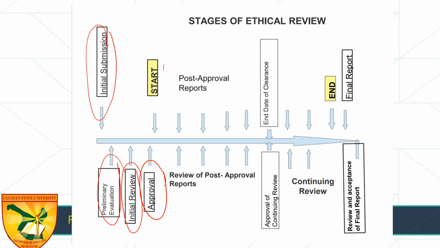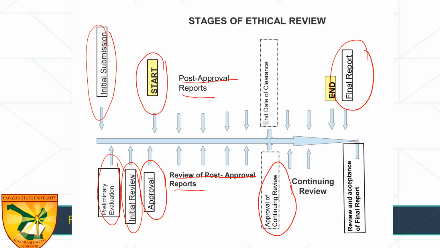But you will see that when it is approved, you still have post-approval reports. There's a review of post-approval reports, and there is a continuing review. And until the final report, your ethics clearance board will still be checking if you have complied with the ethics of the research.